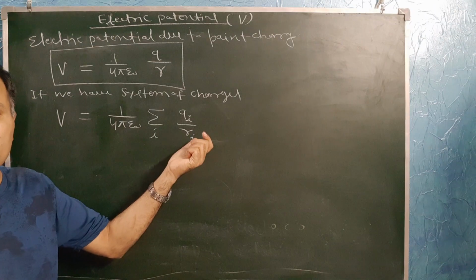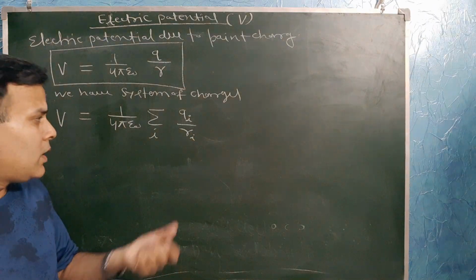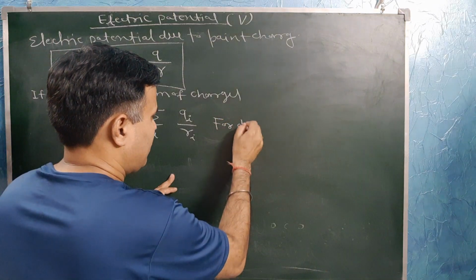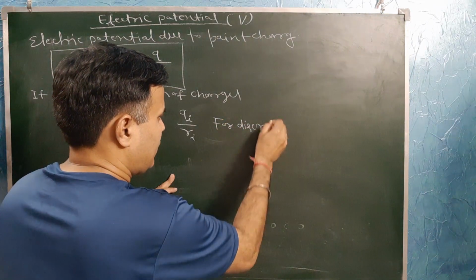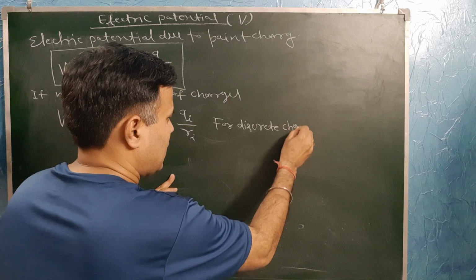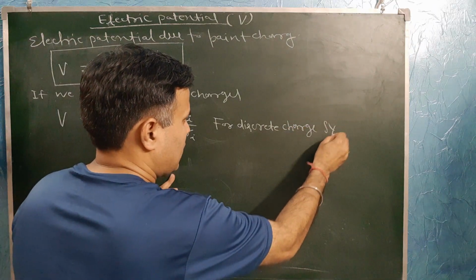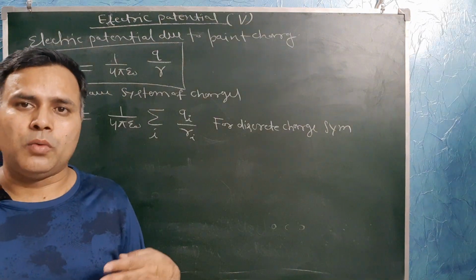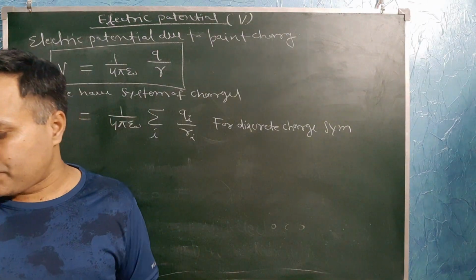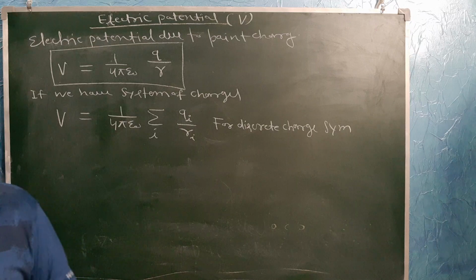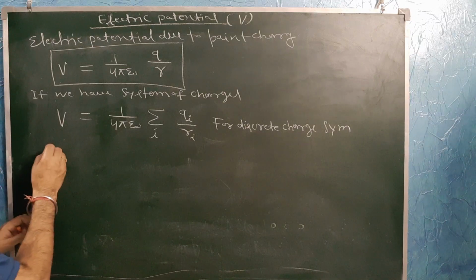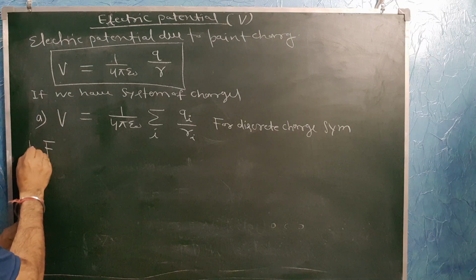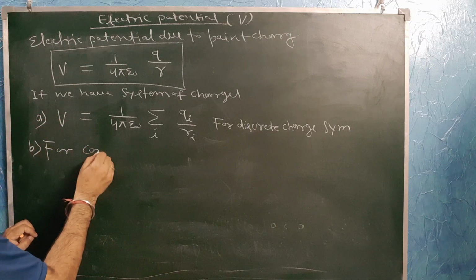For a discrete charge system, we have charges like Q1, Q2, Q3, Q4. Now what is the profile of electric potential for continuous charge? So this is for discrete and this is for continuous.